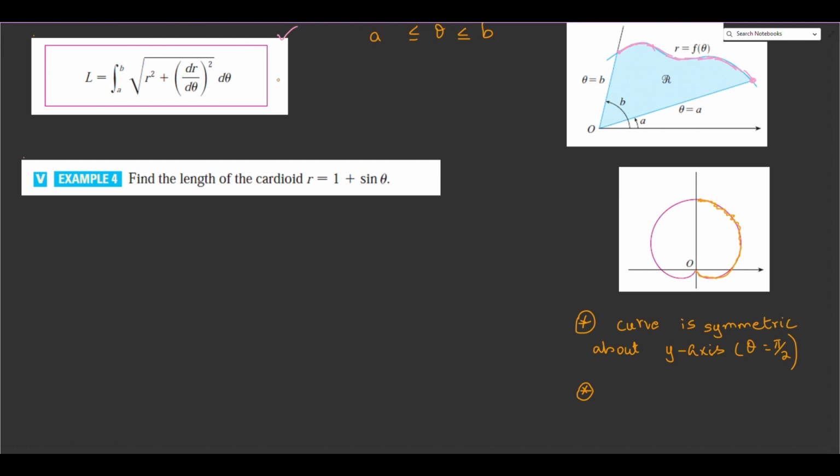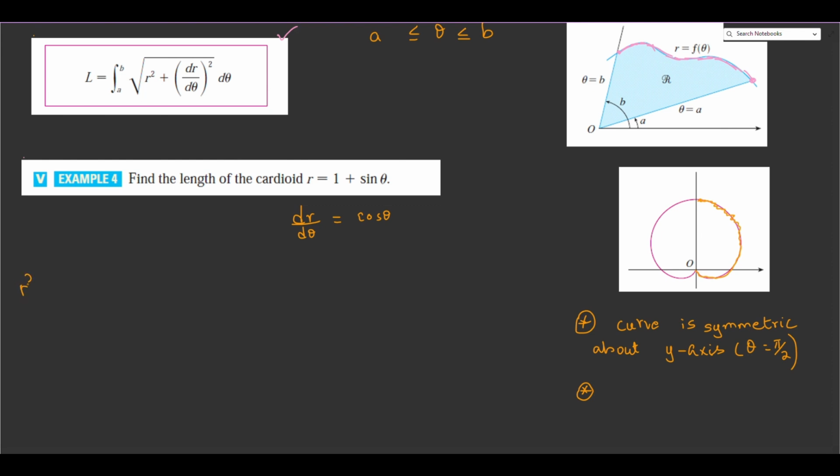Simplifying this under the square root and the integral sign would not be good, so we will do this separately. So r equals 1 plus sine theta, and dr by d theta is 0 plus cosine theta, which is cosine theta.